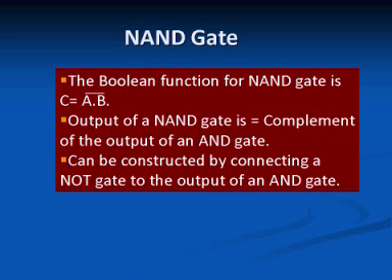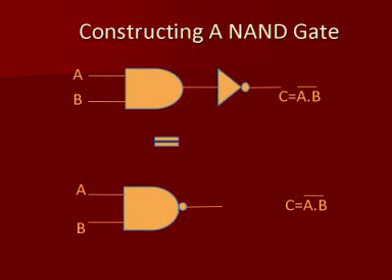The Boolean function for NAND gate is C is equal to (A into B) whole bar. That is, the output of a NAND gate is equal to the complement of the output of an AND gate. Thus, a NAND gate can be constructed by connecting a NOT gate to the output of an AND gate. Let us now construct NAND gate using AND and NOT gates.